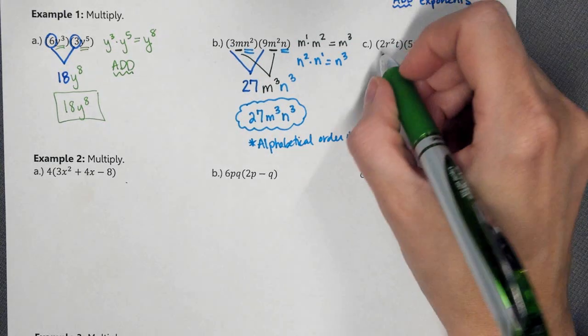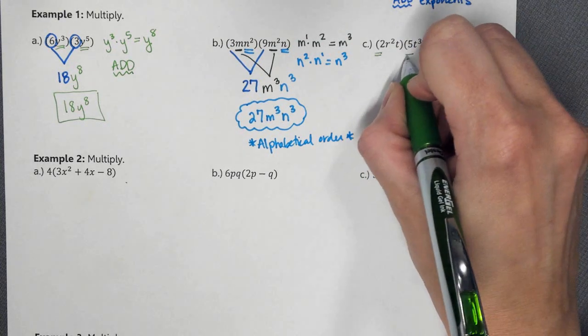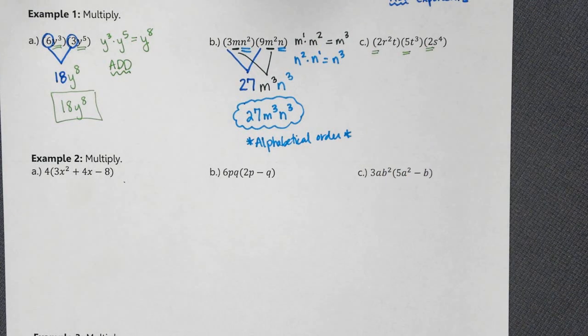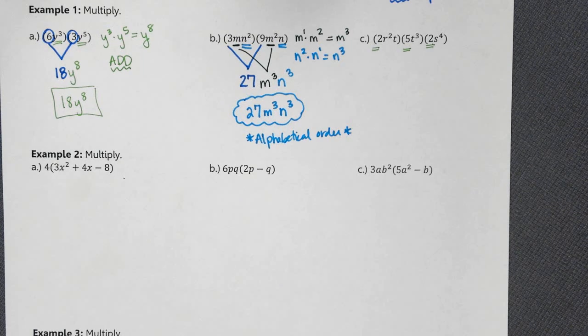All right, I'm going to give you a minute to do this. You're going to multiply the 2, the 5, and the 2, and then you're going to go through and do the letters.